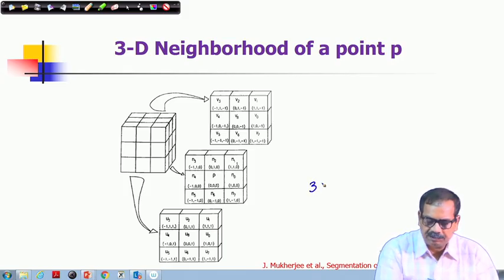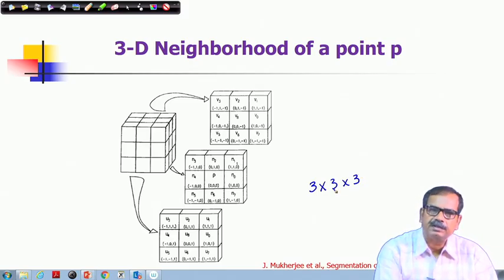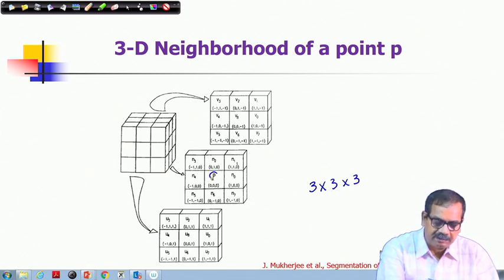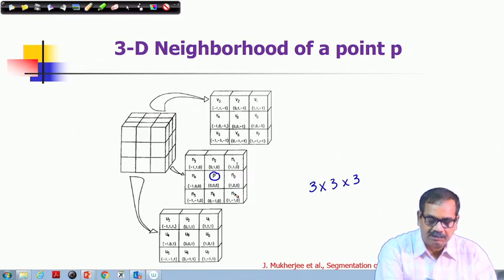In discrete space, we will have a 3 cross 3 cross 3 rectangular tessellation of three-dimensional space, and those points are shown here. This is the central point whose neighborhood is described. This is a point P, and you can see that there are 3 cross sections.